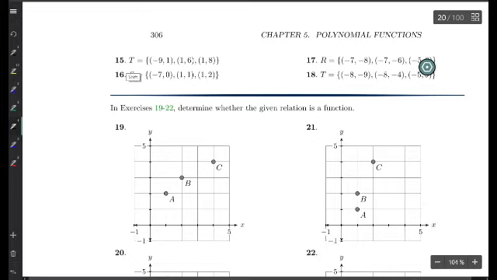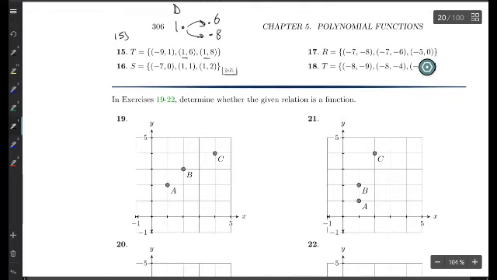Whereas, notice here for 15, we have 1 and 1. So 1 in the domain is mapping to 6 and 8. T is not a function.